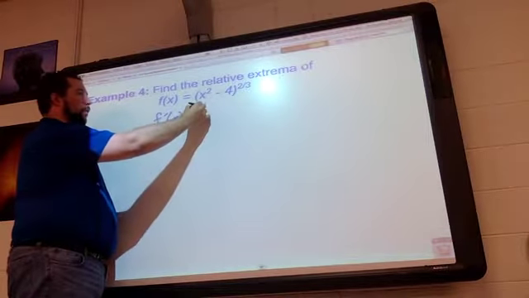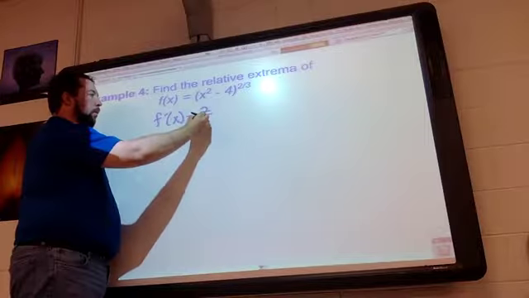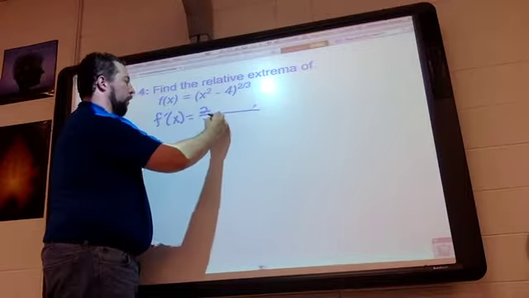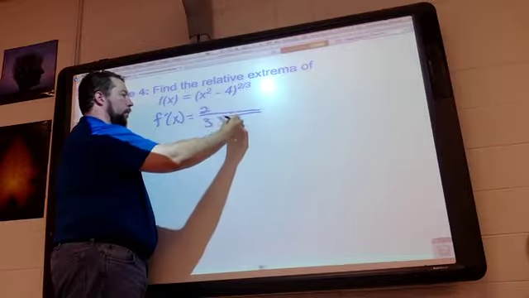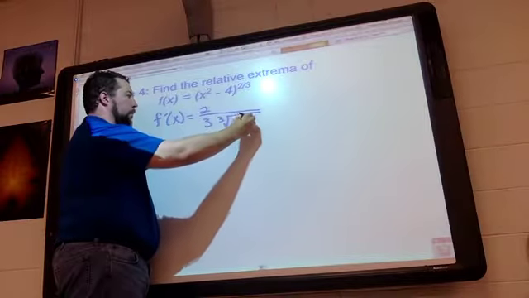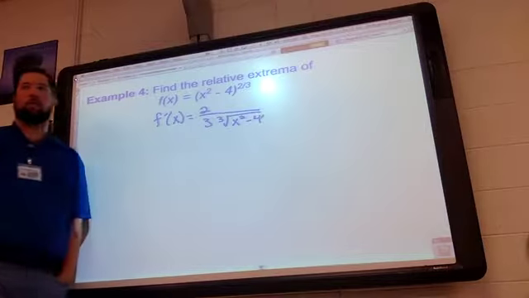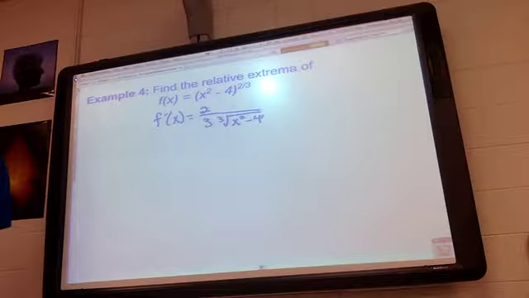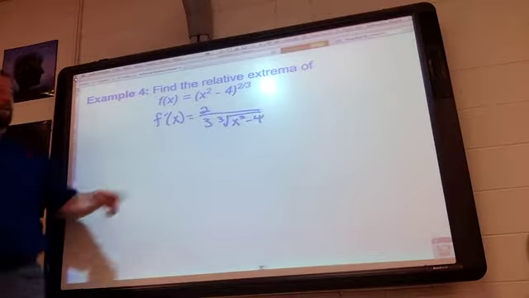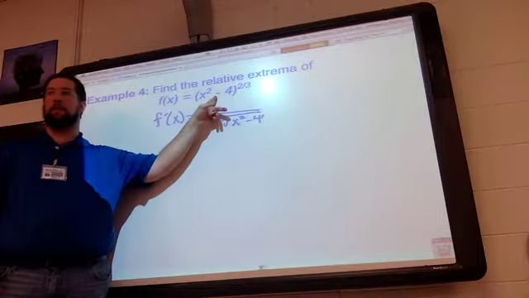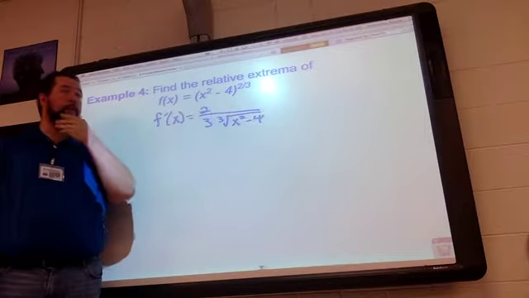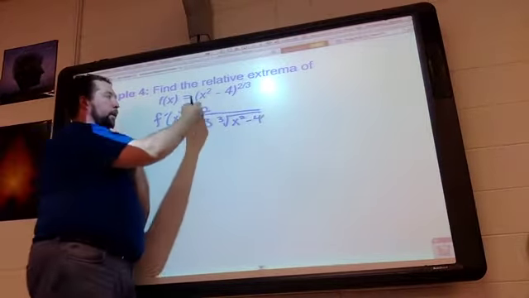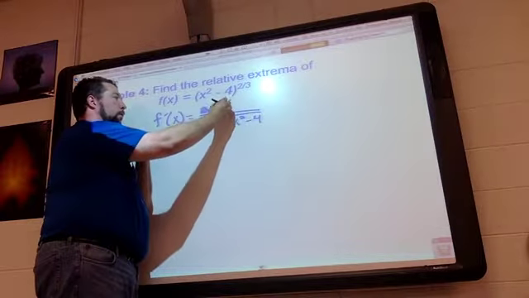So this will give you 2 over 3 times the cube root of x squared minus 4 on the bottom, because 2/3 minus 1 is negative 1/3, so cube root on the bottom of the stuff on the inside. And then because it's a chain rule, take the derivative of the inside, which would be 2x. So really the top becomes 4x.